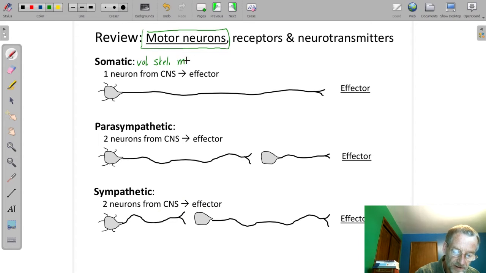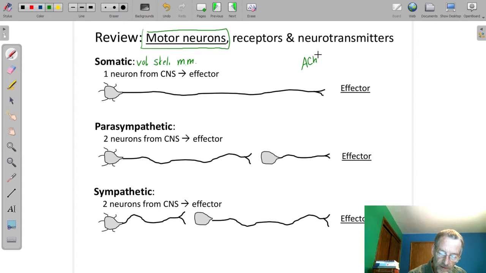All of those that you just learned for muscles of facial expression, muscles of mastication, the hyoid muscles, supra and infra, they're all somatic. Again, it's a one neuron pathway, and the neurotransmitter that is released is acetylcholine, which we will abbreviate as ACH.